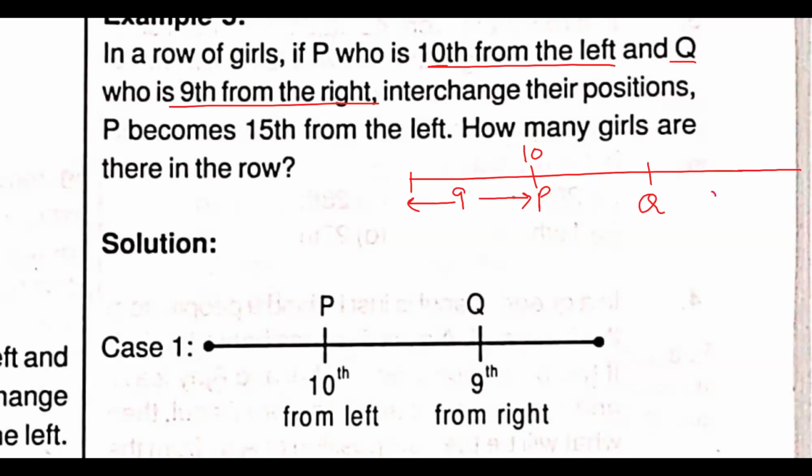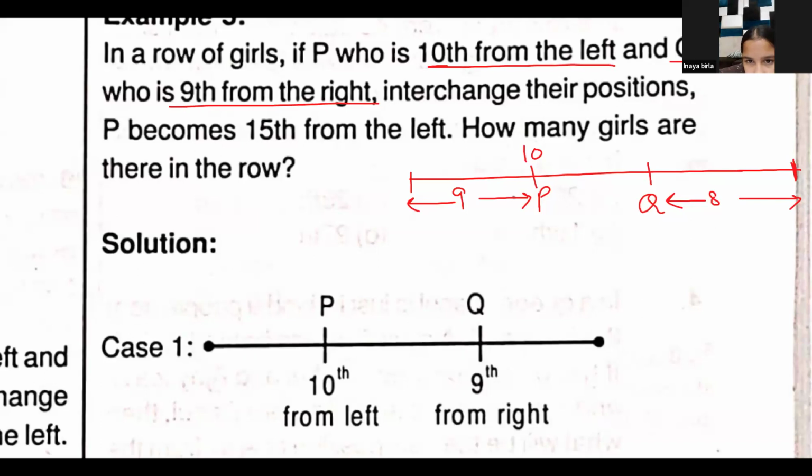That means a total of 8 persons must be sitting towards the right of Q, right? But we do not know how many persons are sitting between P and Q. Okay, this much is clear. We have just placed P from the left and Q from the right. This is easy. Understood? Yes, ma'am.